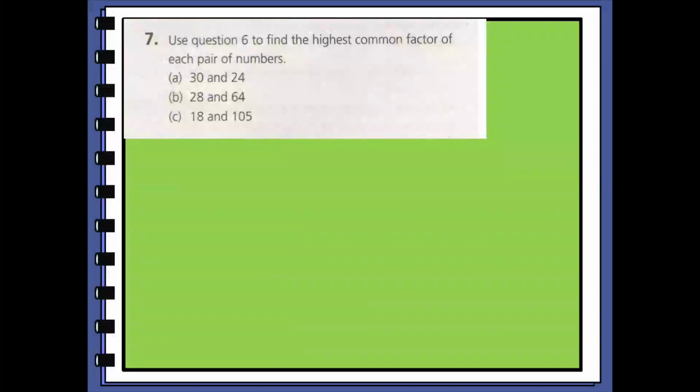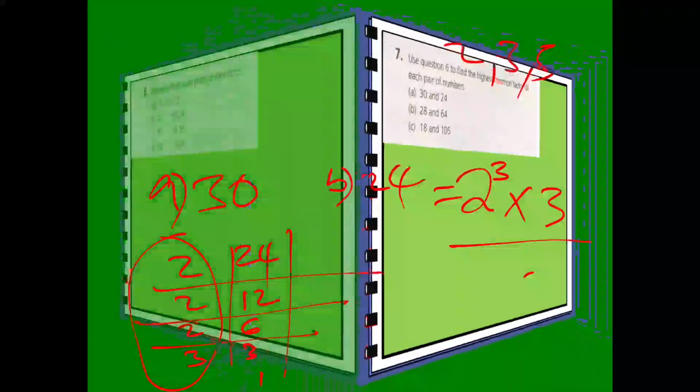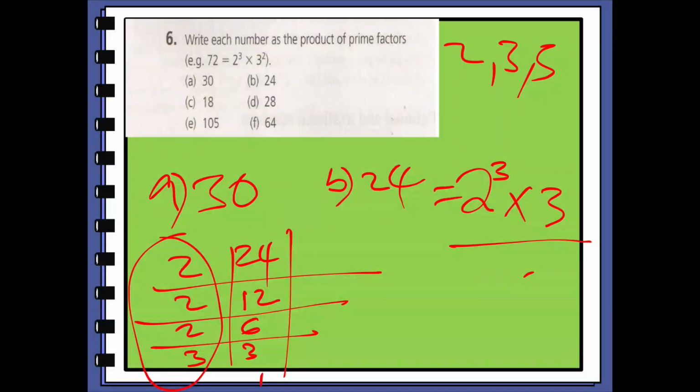Okay, then 7 says use question 6 to find the highest common factor of each pair. It says 30 and 24. Here we found the factors of 30. If you remember, we said it's 2 times 3 times 5, right?